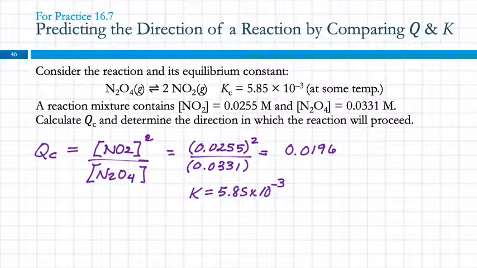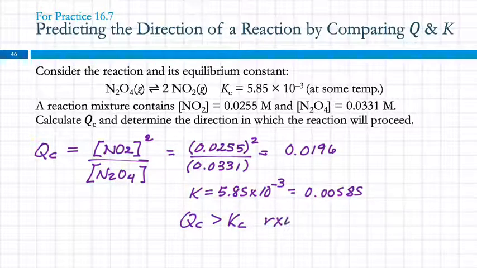So either make them have the same exponent on the 10 or put them both in decimal. So this would be 0.00585. So we see that Qc is greater than Kc. Reaction goes to the left towards the reactants.